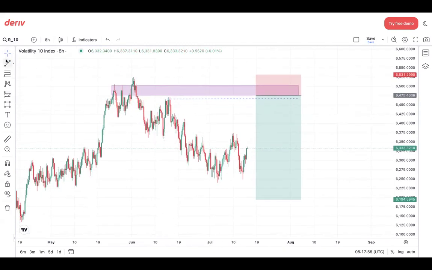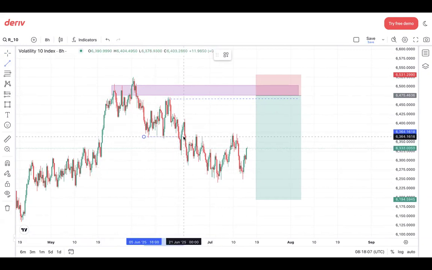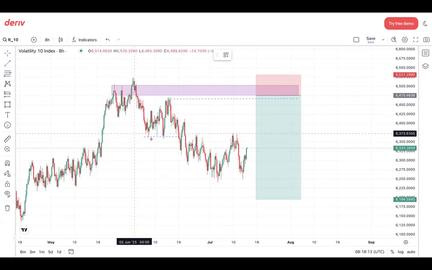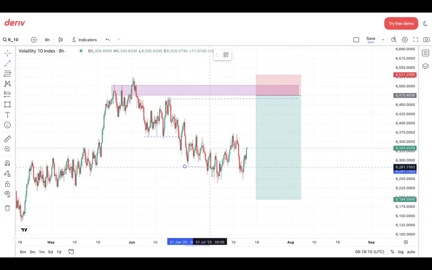We mark out this because we had a break of structure here, as you guys can clearly see. There was a BOS here, and then our next BOS was basically here.